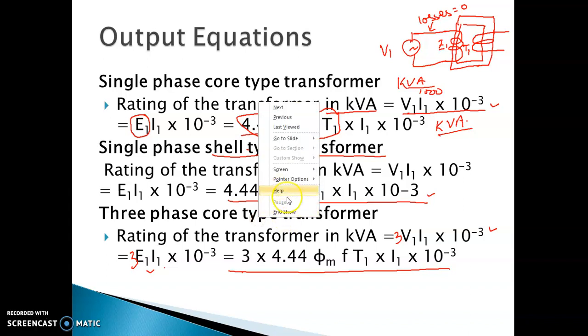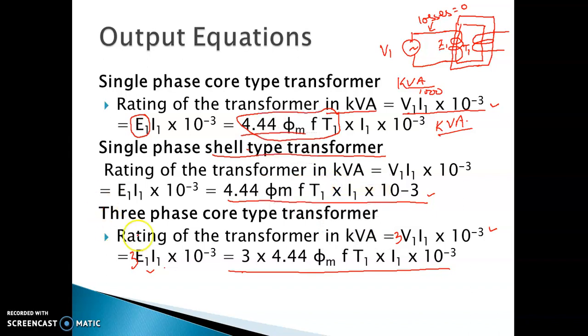This output equation you have also studied in first year, but if you want, you can derive this relation very easily. Suppose phi equals phi m sine omega t, only considering the magnitude. Then the induced EMF E will be d phi by dt.